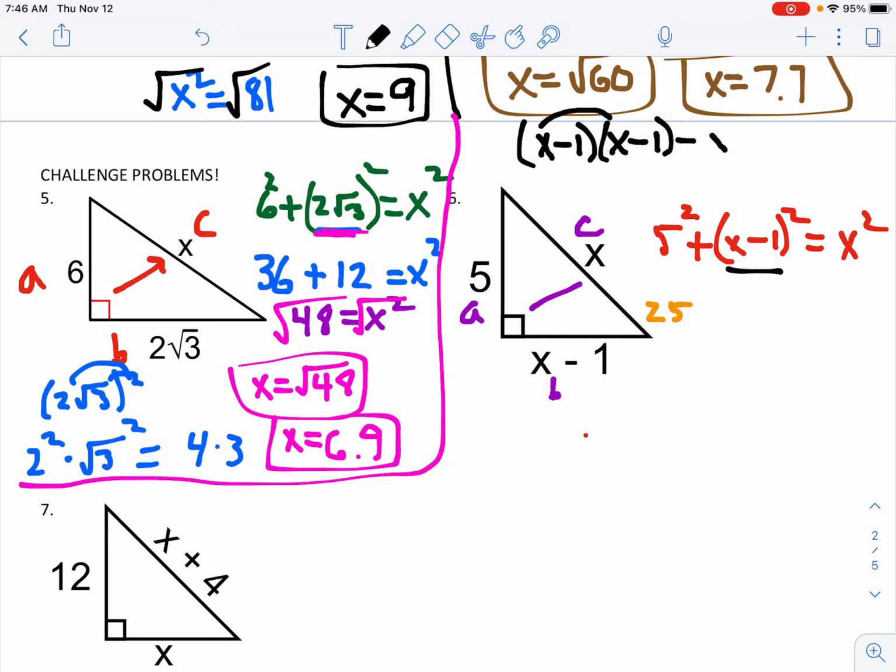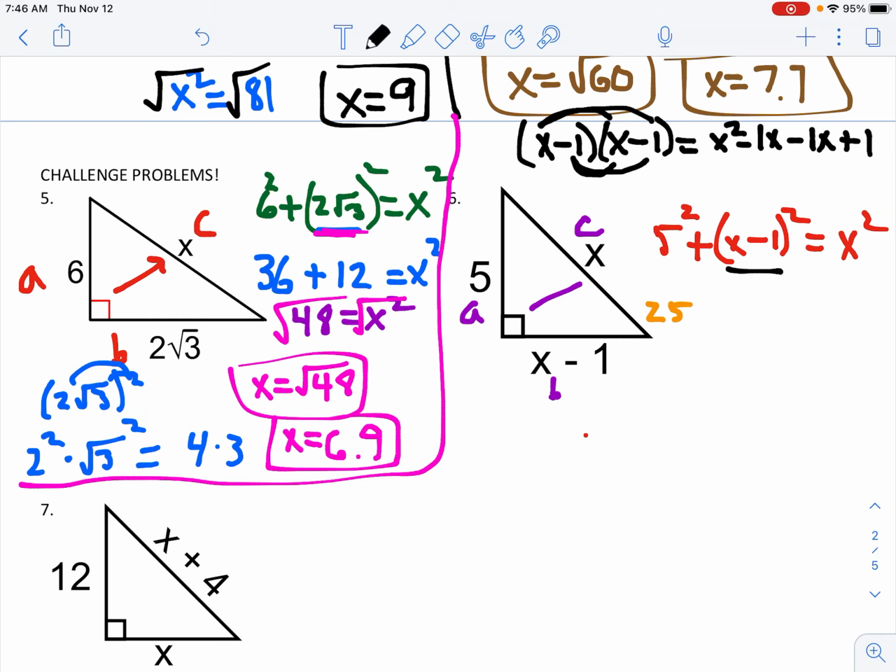X times x equals x squared. X times negative 1 is negative 1x. Slide over. Negative 1 times x is negative 1x. And negative 1 times negative 1 turns into positive 1.